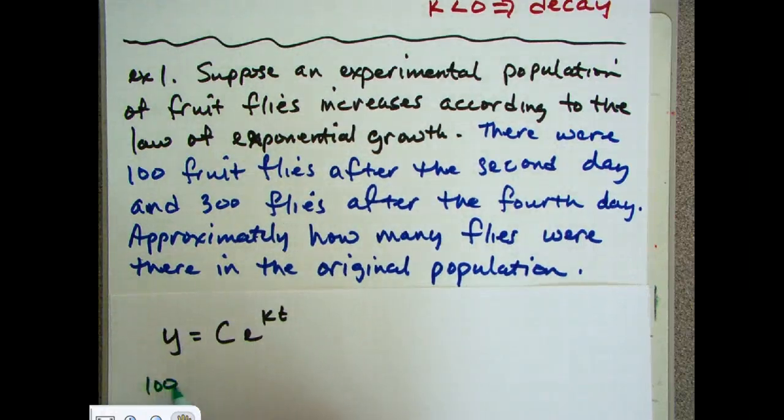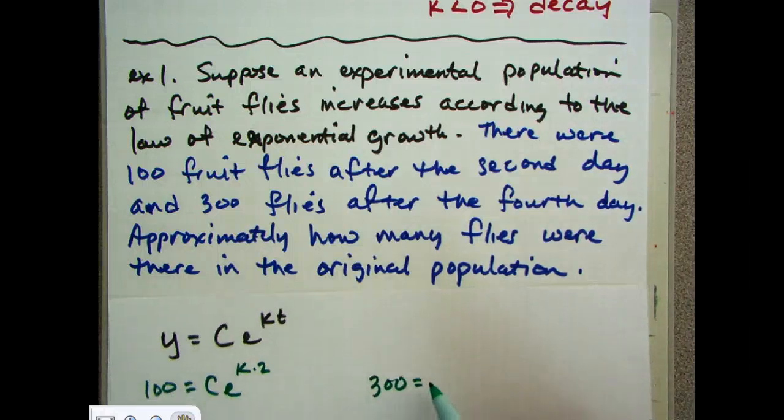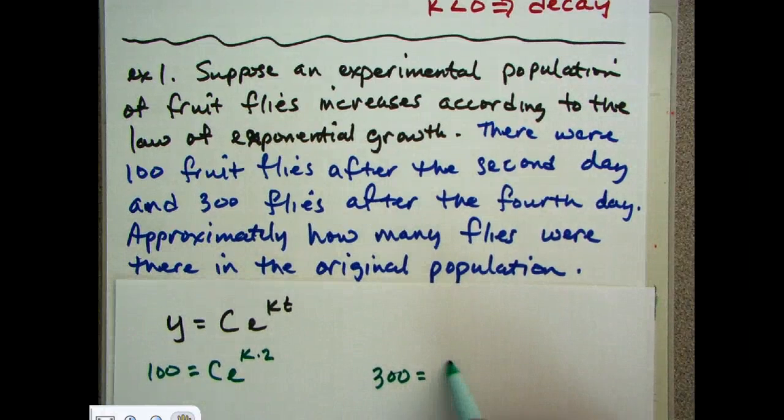So we have 100 flies is equal to c e to the k times 2. We also know that 300 flies is equal to c e to the k times 4.